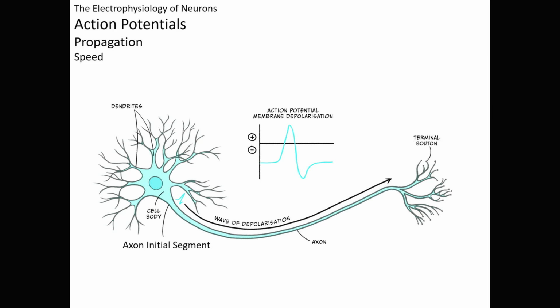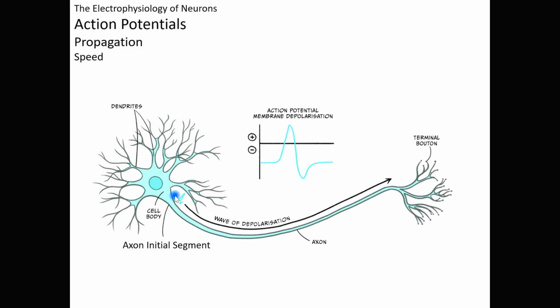So before we get into the nitty-gritty details here, I just want to use this little figure to illustrate what I think is a very basic principle that we have to wrap our head around. So as they're showing in this figure, here is our axon initial segment, where the action potential is first generated.